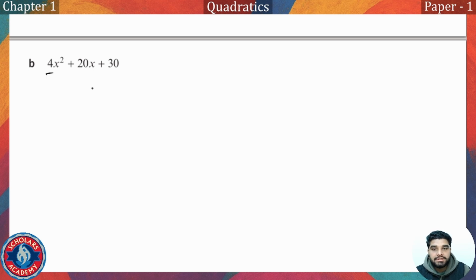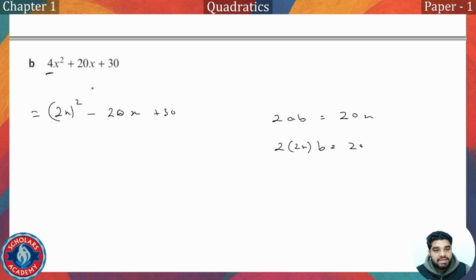So this will give us (2x) whole square minus 20x plus 30. So 2ab is 20x. It means 2 times 2x times b is 20x. b is equal to 20x upon 4x. We get 5. b is equal to 5. b square is equal to 25.